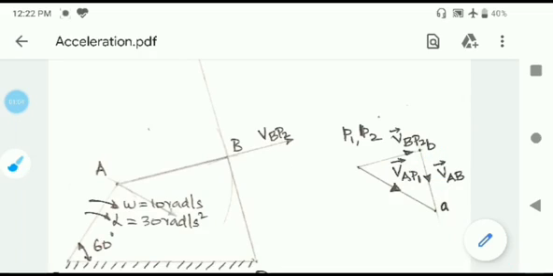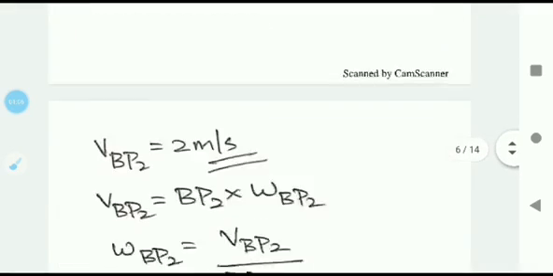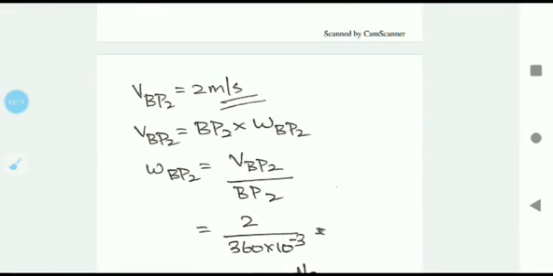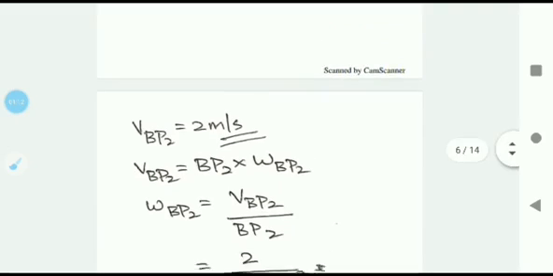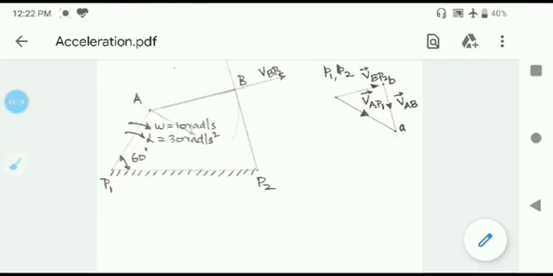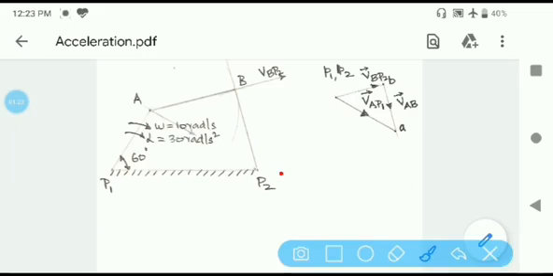Now we will start answering the question. First we are asked to find the velocity of B, and velocity of B is found relative to the fixed point P2. To find that, what do you have to do?